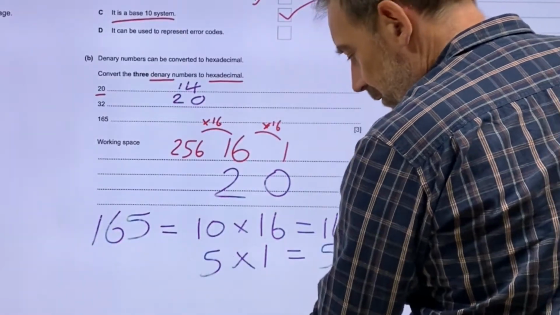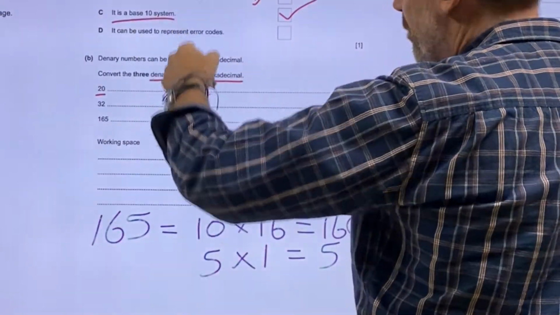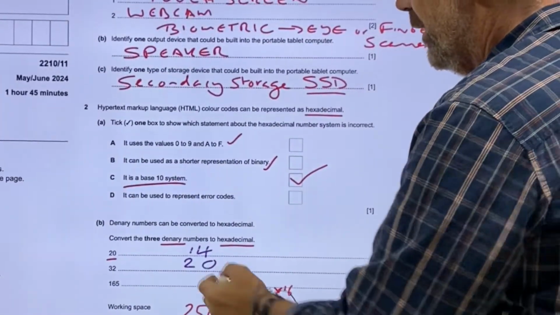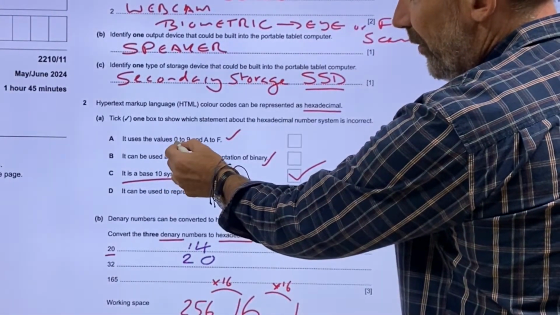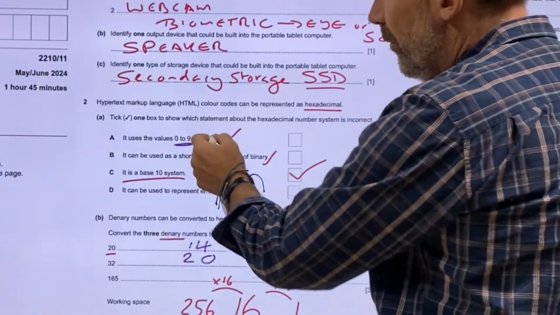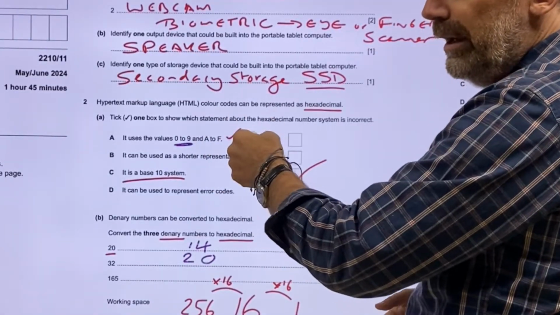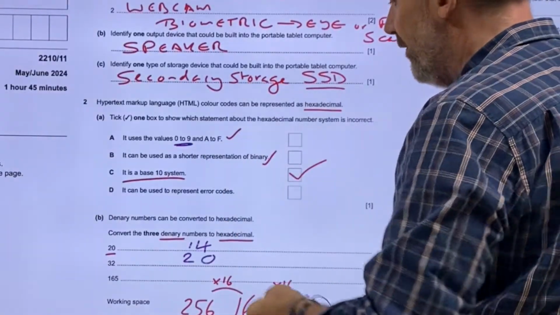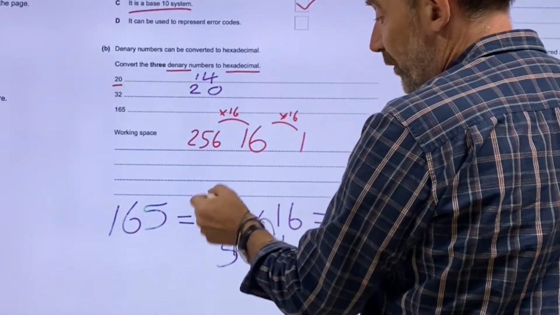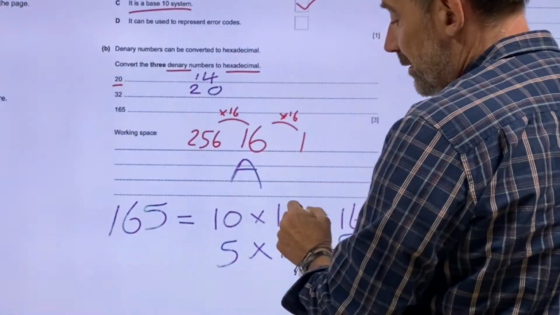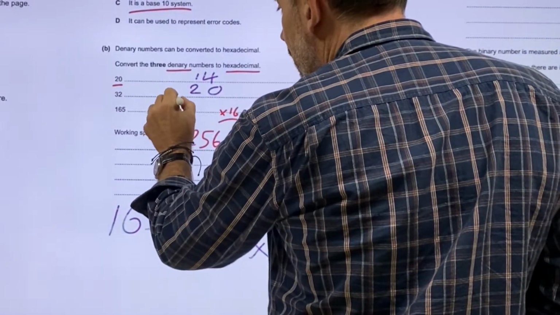We know that, as in a question further up, the hexadecimal uses 0 to 9 and A to F. So these numbers remain the same as denary. From A to F, A equals 10, B 11, C 12, D 13, all the way to F equaling 15. So we've got 10 lots of 16, so that would be 10, which equals A, and then we've got 5 left over. So the answer there would be A5.